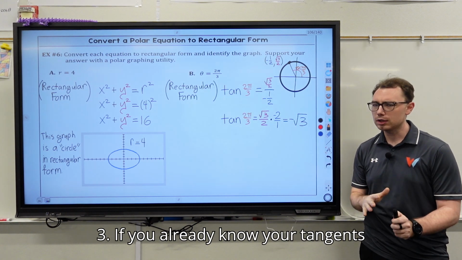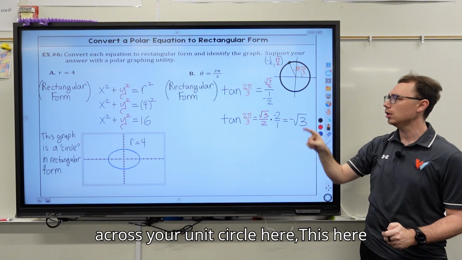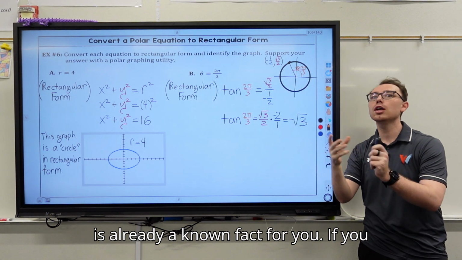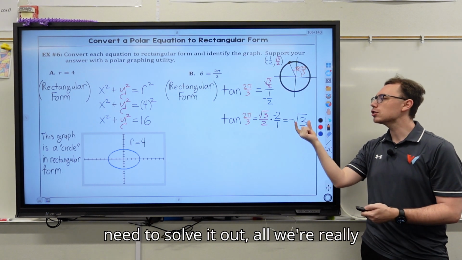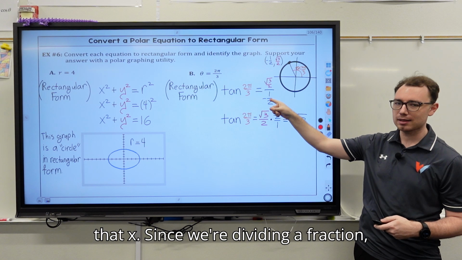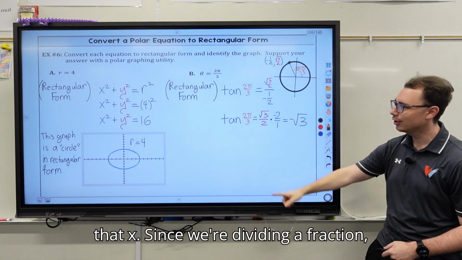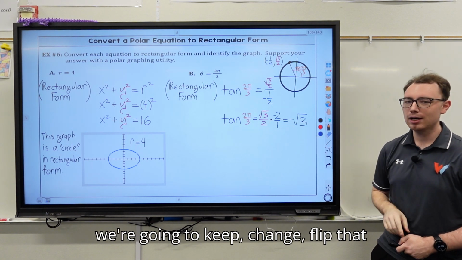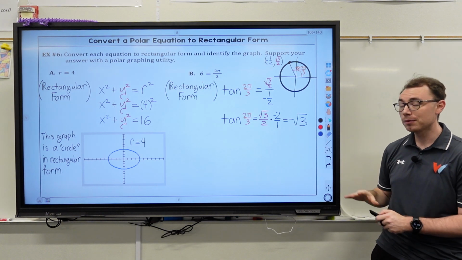If you already know your tangents across your unit circle here, this is already a known fact for you. If you need to solve it out, all we're really doing is taking that y and dividing it by that x. Since we're dividing a fraction, we're going to keep, change, flip that operation to get that tangent there.